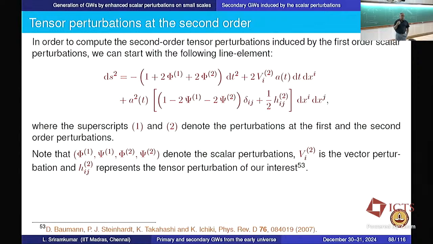You need to use the equations at the first order in the second order equations to arrive at the equations of motion governing this Hij. Fairly lengthy algebra, but this is well explained in this classic paper by Baumann et al. And I would urge you to take a look at this paper. It will involve some derivation.